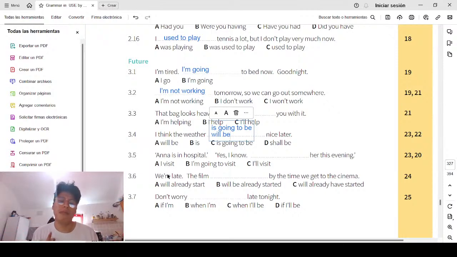We don't have more context. Maybe if we had more context, we would say, okay, that's a correct answer or that's another correct answer. For example, if I'm looking up to the sky and I see the clouds are dark, I say it's going to be bad weather, right?